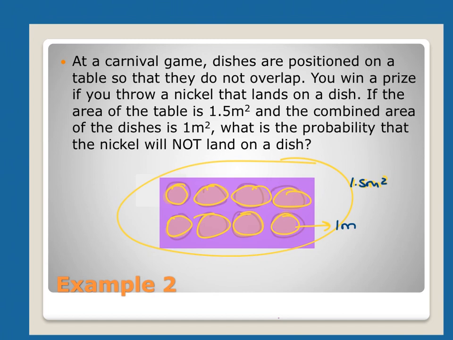So if I was aiming for the dishes and I wanted to know the probability, I would put that 1 meter squared over the 1.5 meters squared. But it's saying what's the probability it's not going to land on the dish, so I want to know all the other area. So I want to know 1.5 minus 1 over 1.5, or 0.5 over 1.5.